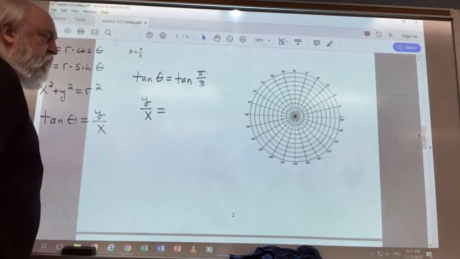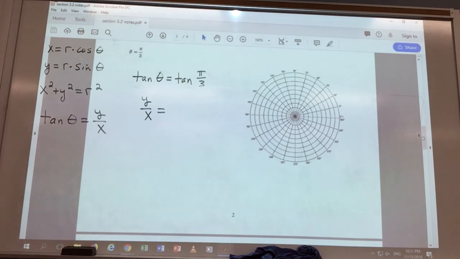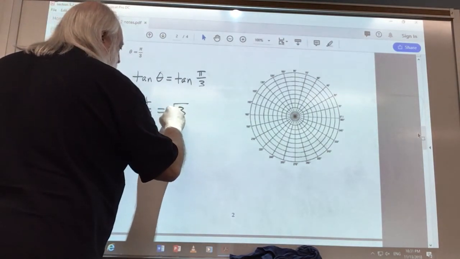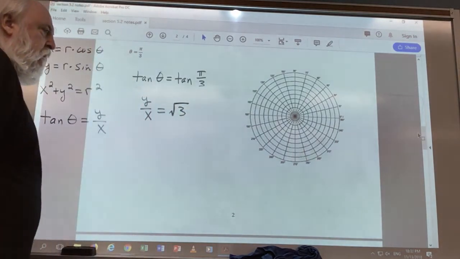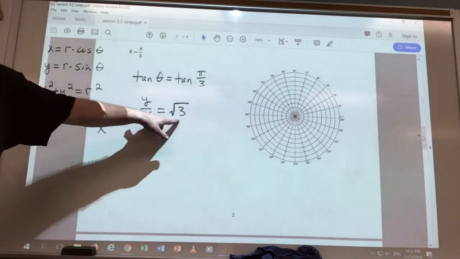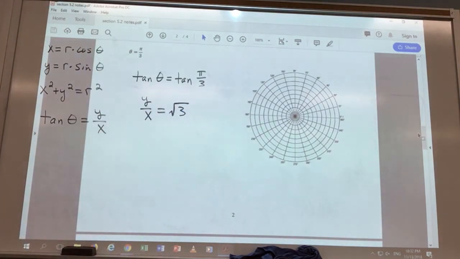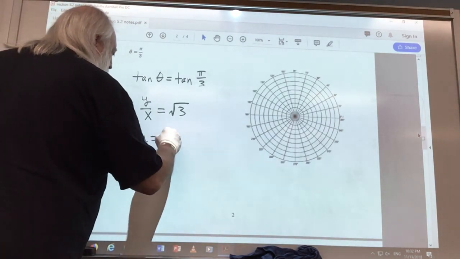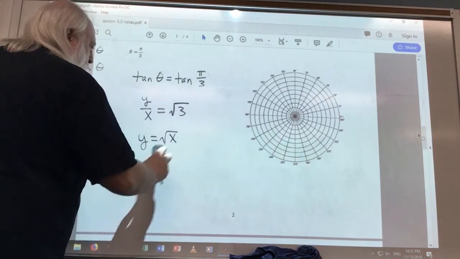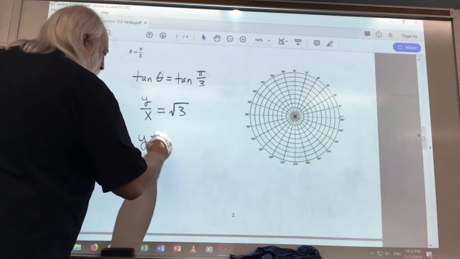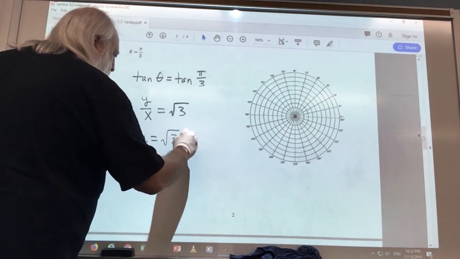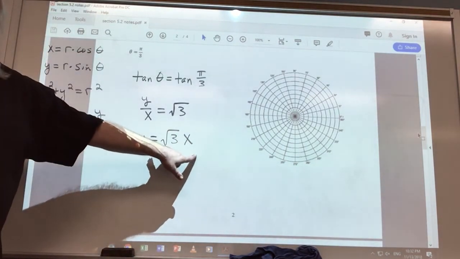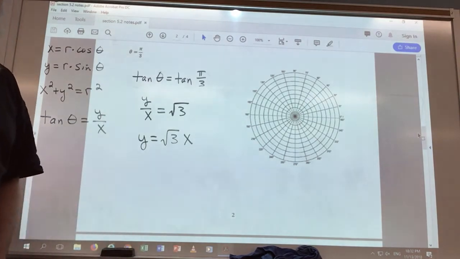And you know the tangent of pi over 3 from the unit circle is equal to the square root of 3. So if I now multiply both sides of this equation by x, I have y is equal to the square root of 3 times x.